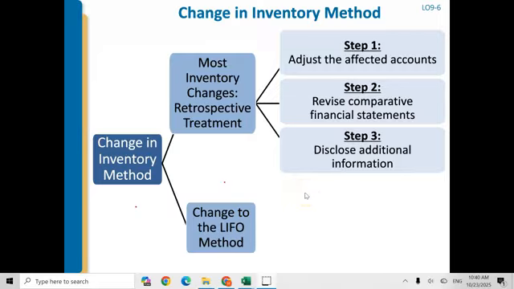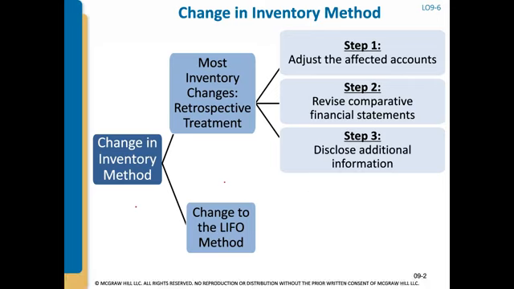But there are various steps that are taken when a company does decide to enter into a change of inventory method. When you decide to change from one to the other, whether it's FIFO to weighted average or LIFO to FIFO, whatever it is, you have to treat it as a retrospective treatment.